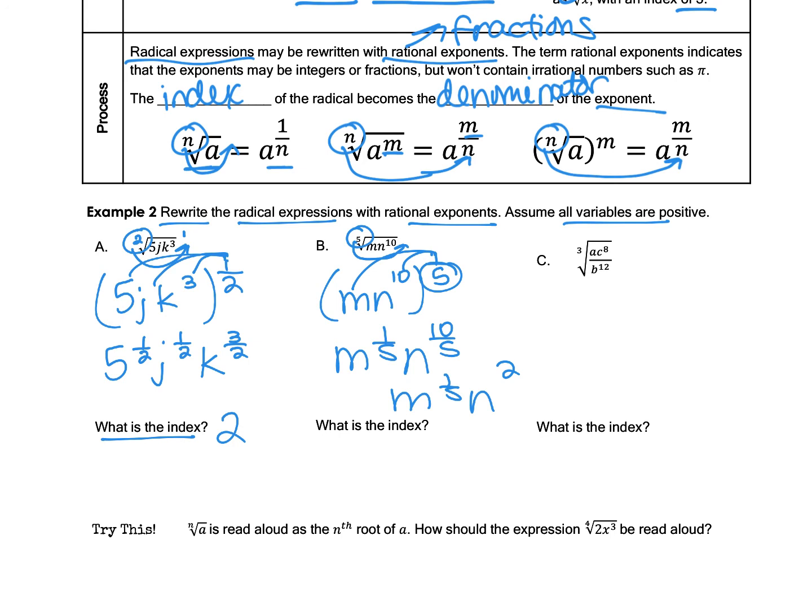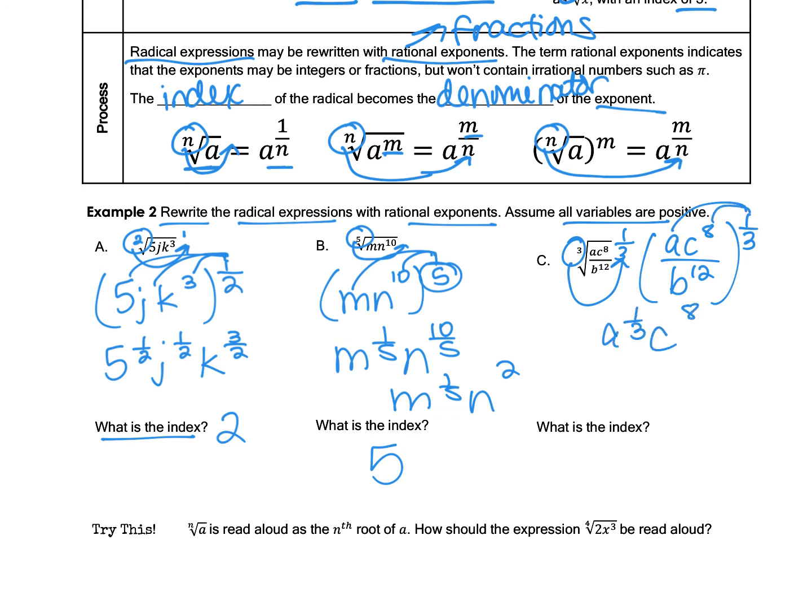Okay, so let's do another one. Everything on the inside of your radical needs to be in parentheses, and then that index becomes your denominator. So that's to the 1/3 power. So I need to distribute it. That's a to the 1/3.